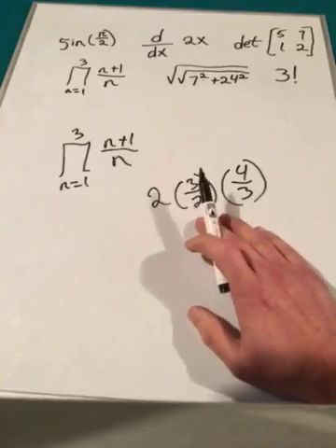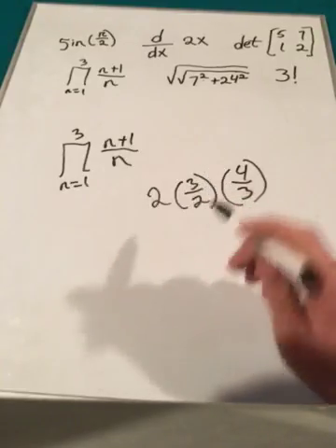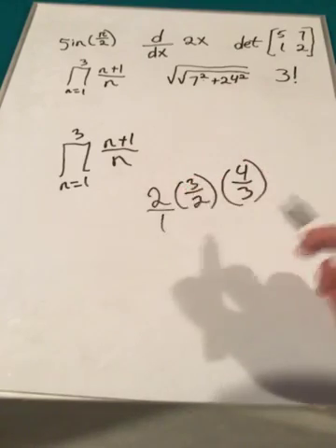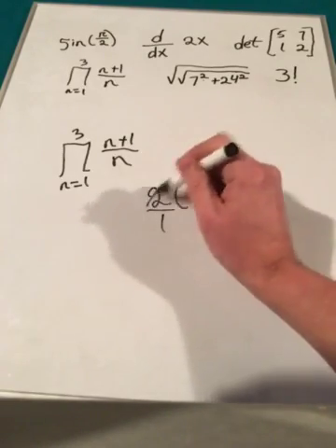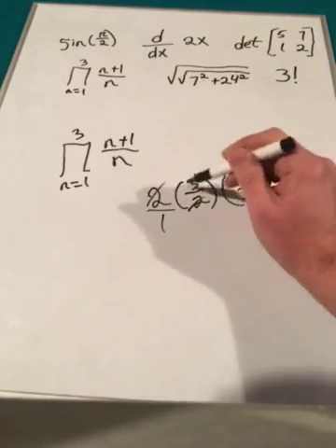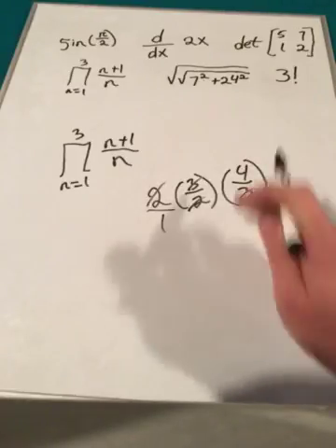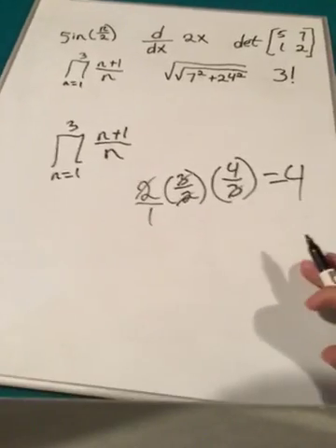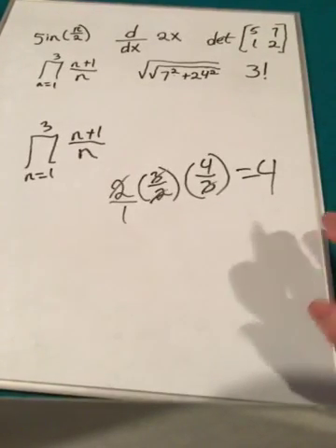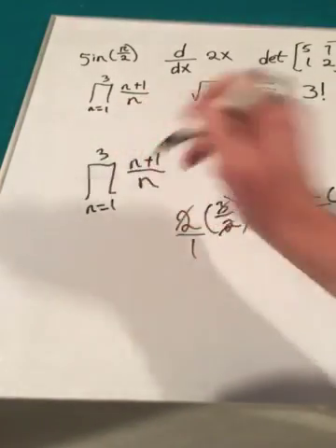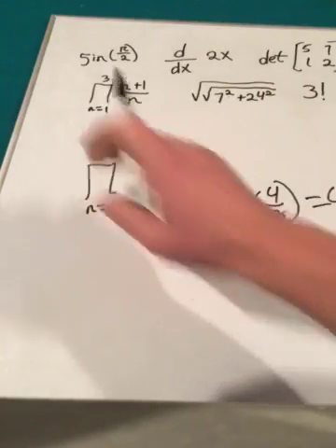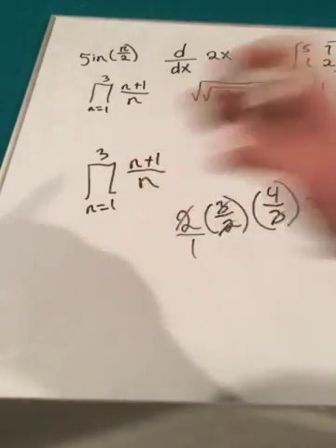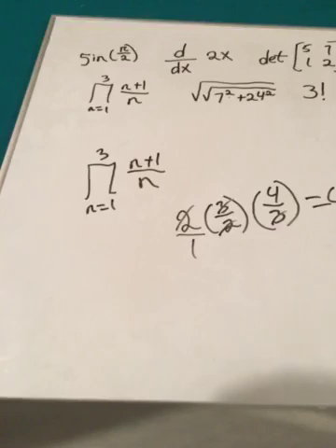Well, 2 times 3 halves times 4 thirds. This is actually 2 over 1, and you've got some simplification. The 2's cancel, the 3's cancel, and you're left with 4 over 1, or 4. So another way to write 4 is just the product of n going from 1 to 3 of (n plus 1) over n. Pretty cool.